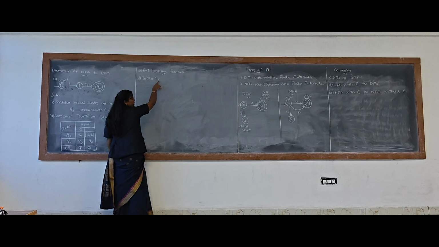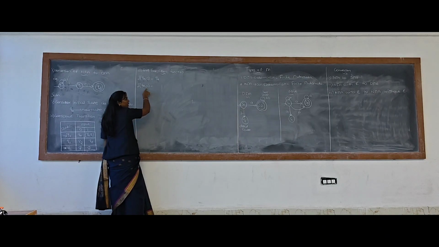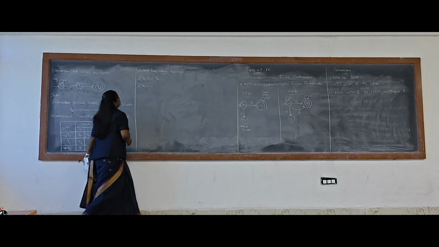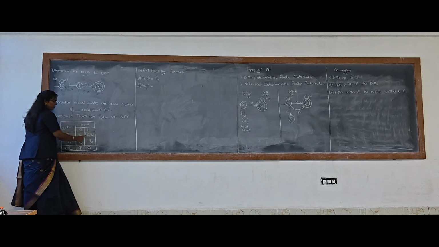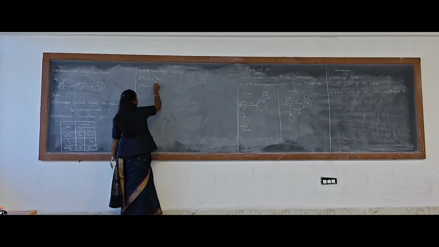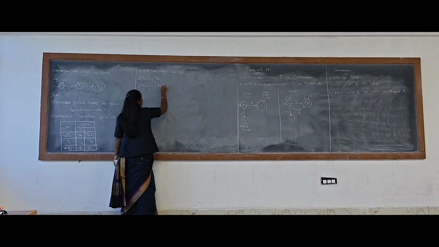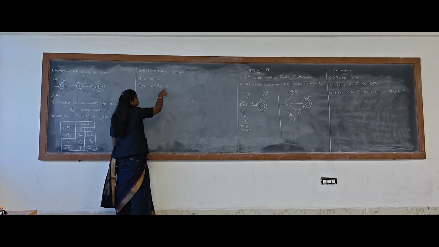Next is the transition function of Q naught comma 1, which means we are moving to the next input symbol. While reading the input 1, the next state we get is Q naught comma Q1, right? This Q naught Q1 is a new state, so we can consider this as new state 2.